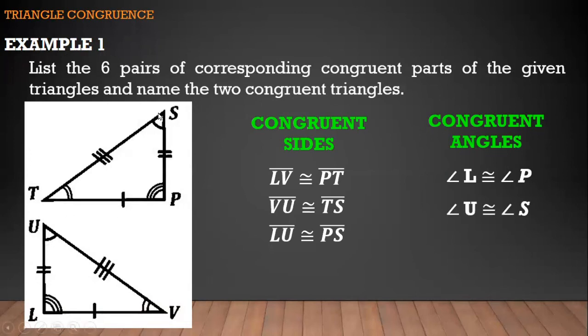Sa kabilang triangle, si angle S ay may isang mark. So, they are congruent. Angle U is congruent to angle S. We have angle V. Angle V is congruent to angle T. Therefore, triangle LUV is congruent to triangle PST.